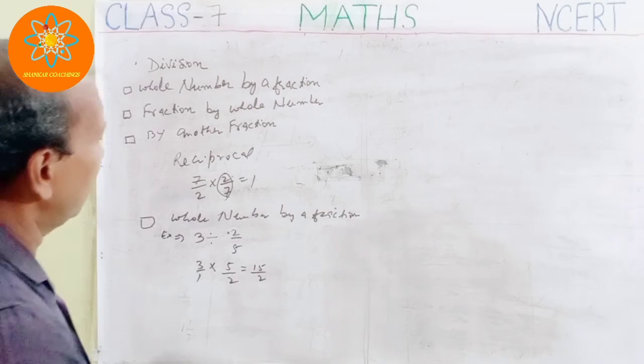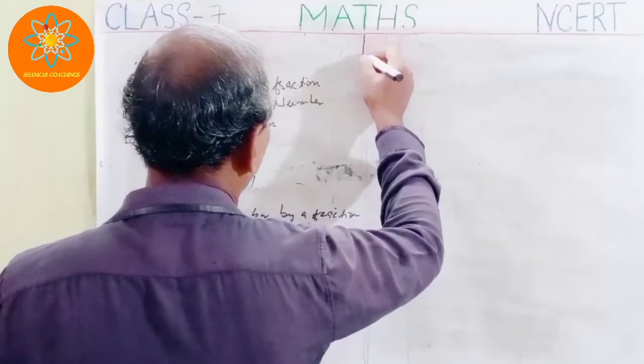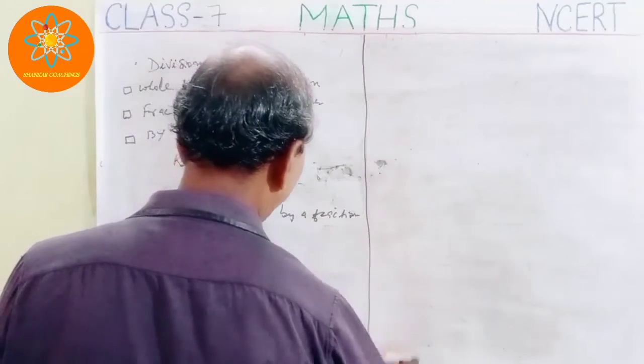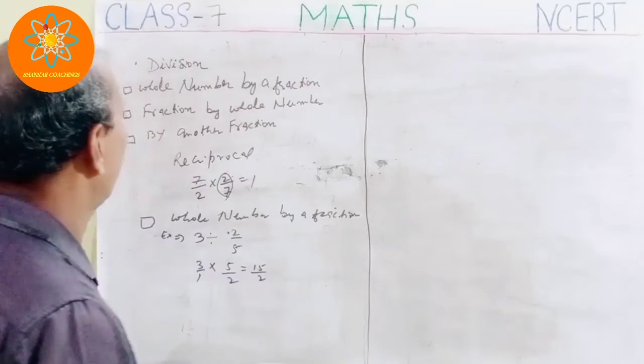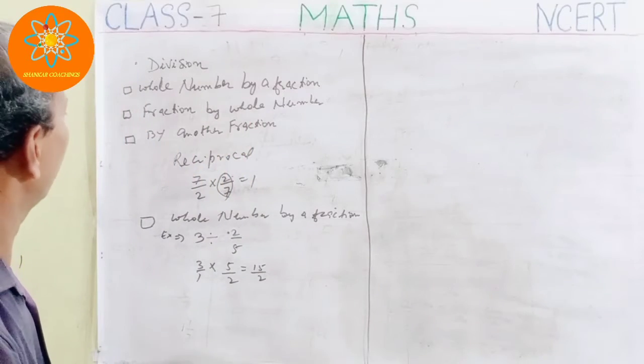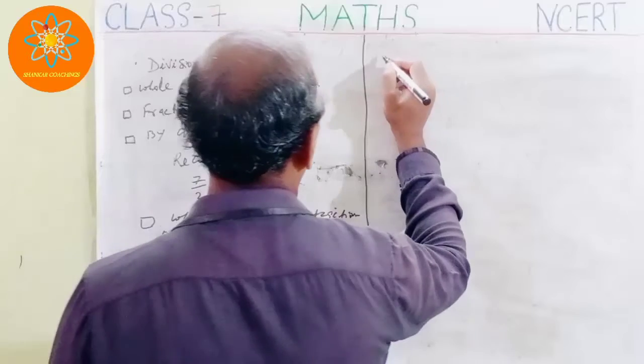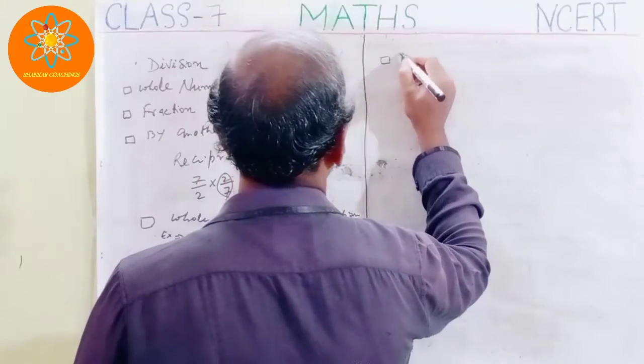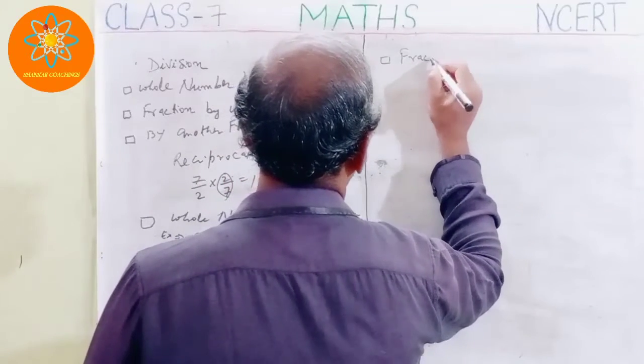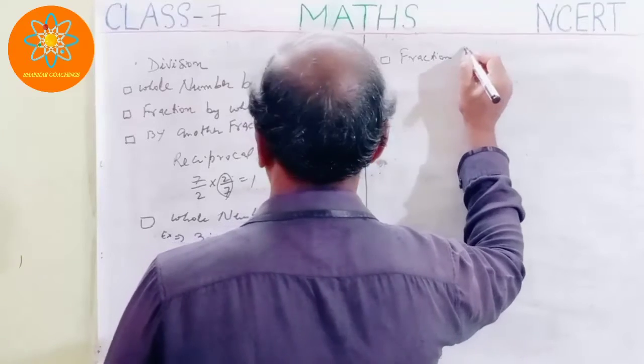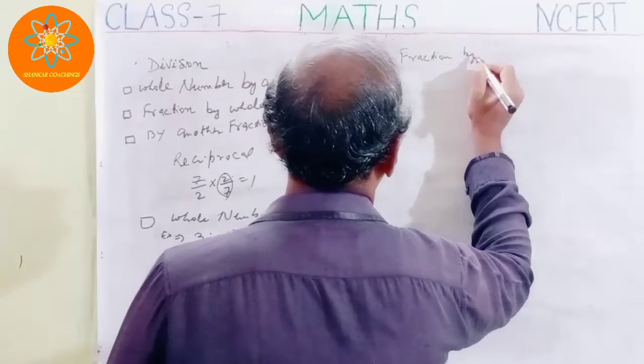Okay. Now the second division case is a fraction by a whole number.